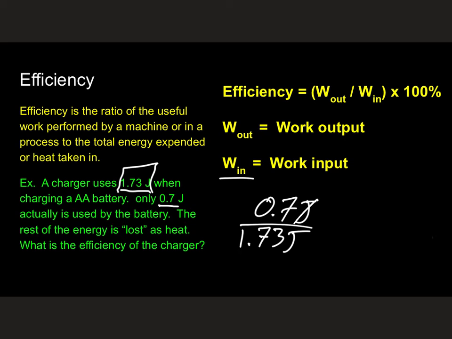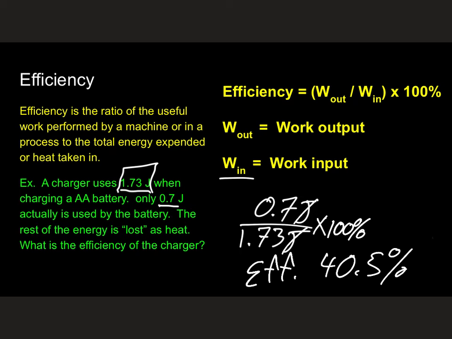Notice these joules are going to cancel out, so it no longer has the unit of joules, and then we multiply it by 100%, and we get that the efficiency is somewhere around 40.5%.